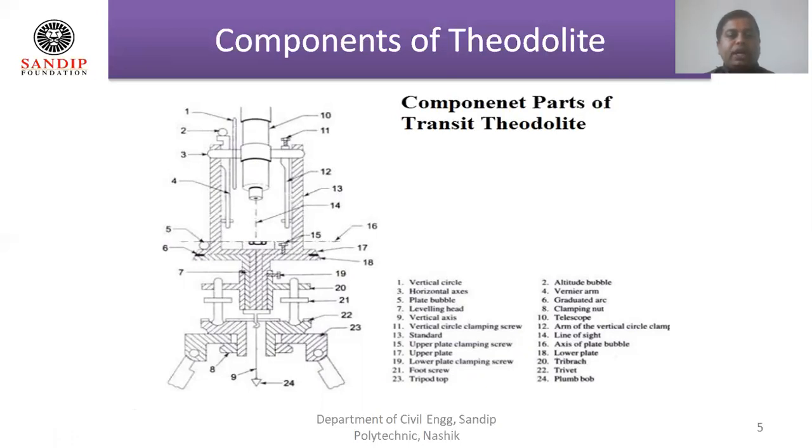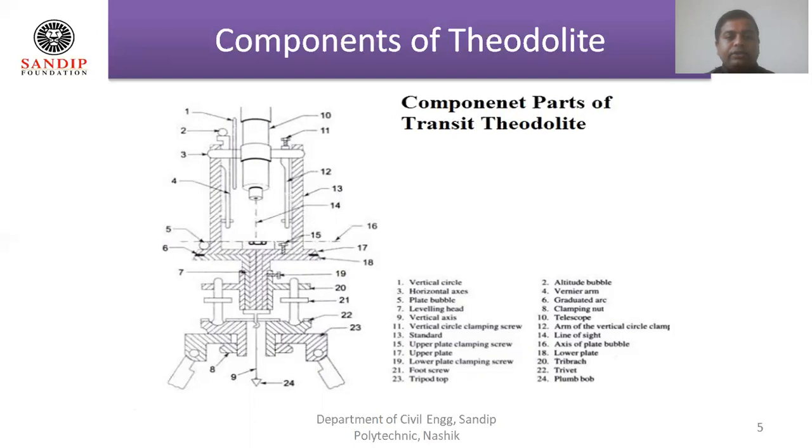Sixth is graduated arc. You can see here we can get a graduated arc on both sides, which is 180 degree apart from one another. Next is vertical circle. This is called a vertical circle.